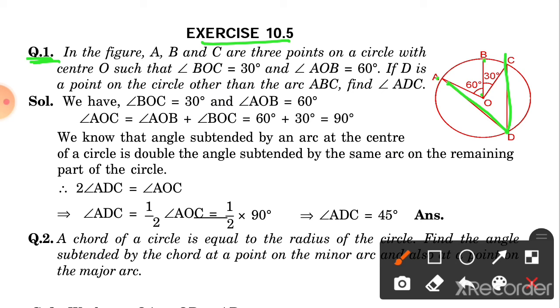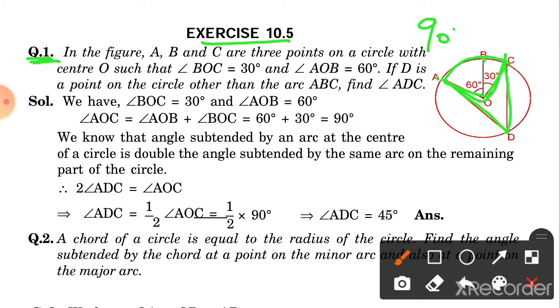Students, you see, it is very easy because we know theorem number 10.8. Recall the 10.8 theorem. The theorem says the angle subtended by an arc at the center, so this is the arc ABC, subtends an angle at the center of 60 plus 30, which is 90 degrees, correct? It is double the angle subtended by any point on the remaining part.